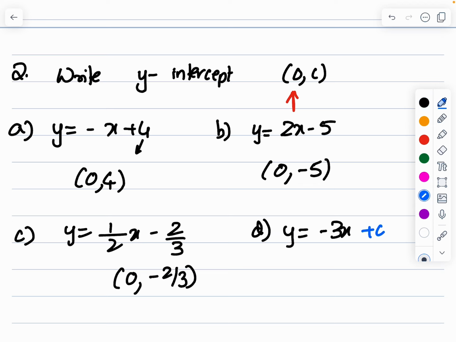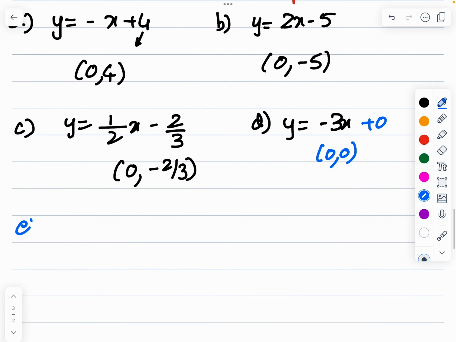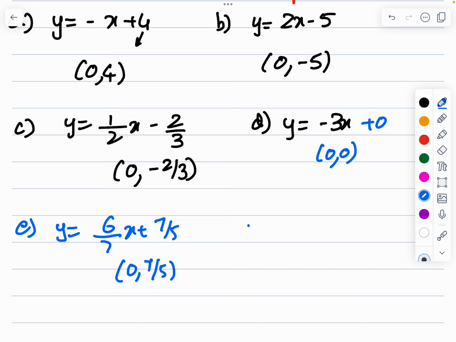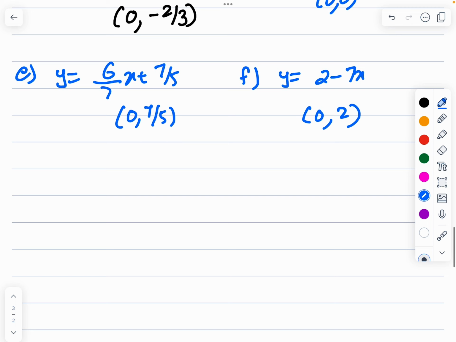Nothing is there, plus 0 I can write. So (0, 0). Then y equals 6 upon 7x plus 7 upon 5. So it's going to be (0, 7 upon 5). F, y equals 2 minus 7x. So (0, 2). Always a constant.